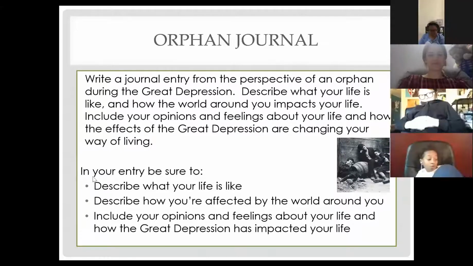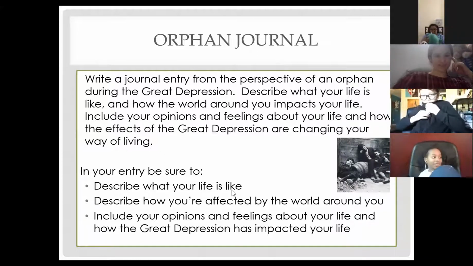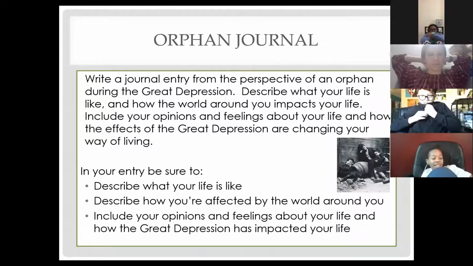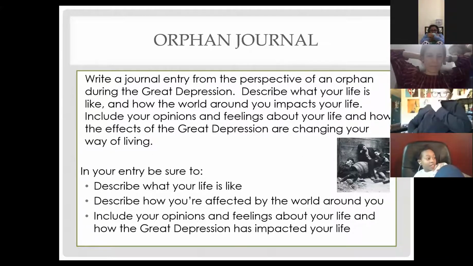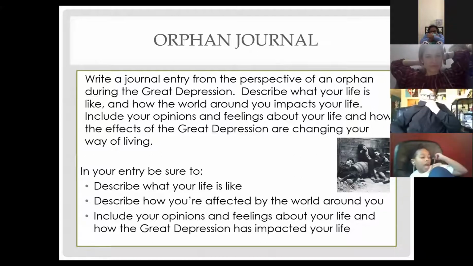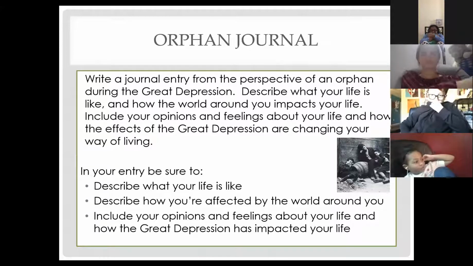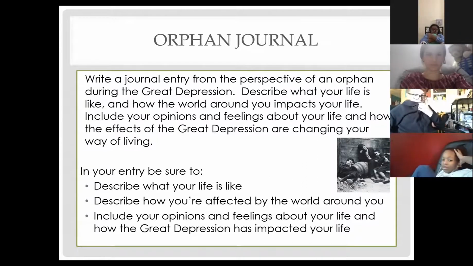It says over here, in your entry, be sure to describe what your life is like. That's going to be your first paragraph. Second paragraph, describe how you're affected by the world around you. Like what's going on in the world?